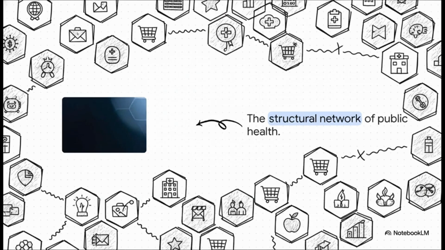The survey points out a huge disconnect. The physical brick-and-mortar structures exist, sure, but a lot of the rural nodes in this network are dealing with chronic absenteeism of medical staff or just severe shortages of basic medicines. And it's a domino effect. If one crucial part of the web fails, like primary care in rural areas, the entire tertiary system in the cities gets overwhelmed and just buckles under the pressure.